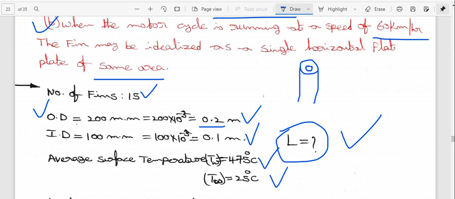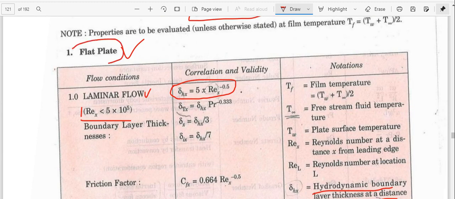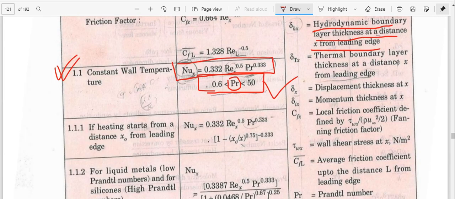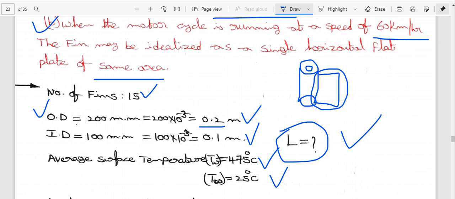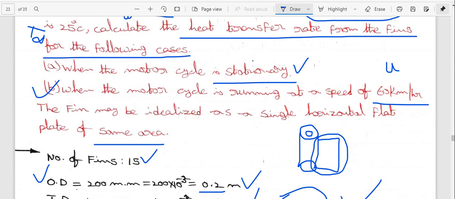Both inner and outer diameter is given. But we are having fins. That's why I am considering flat plate conditions. We can consider constant wall temperature, and the first question also considers flat plate.